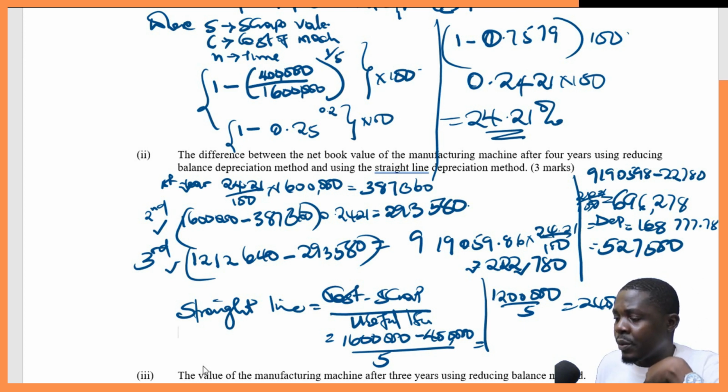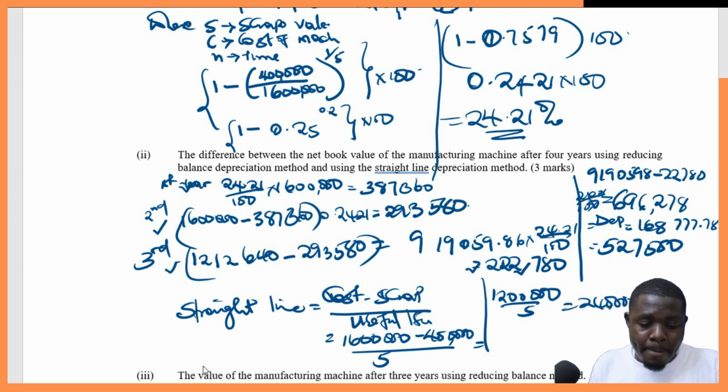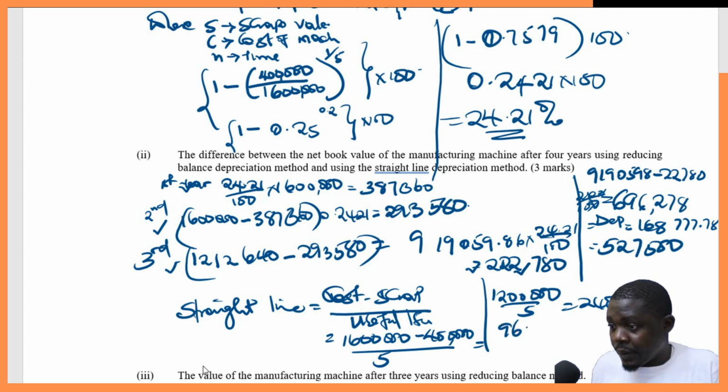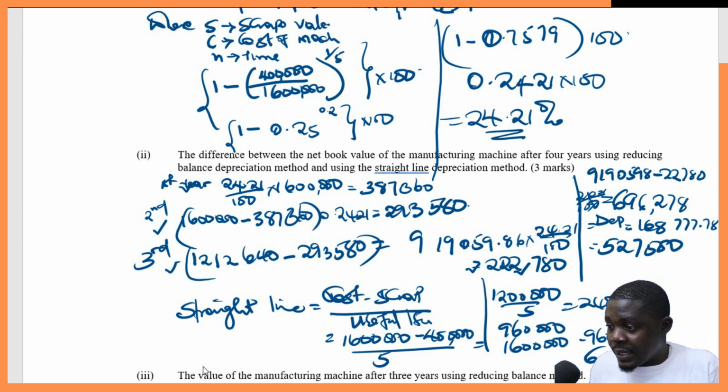Now it is 240,000 multiplied by 4, get 960,000, then 1,600,000 minus 960,000. That is the net book value will be 640,000.